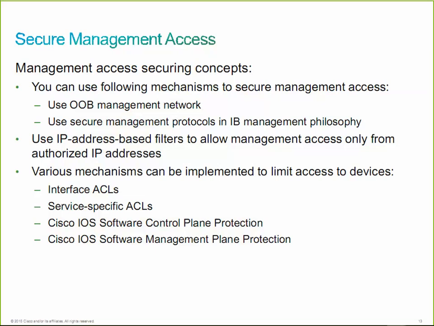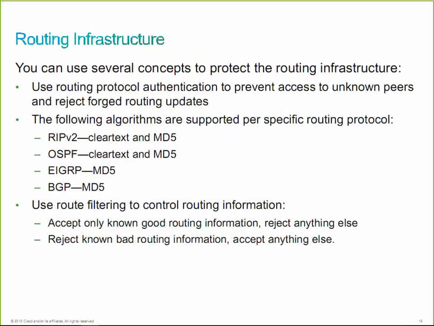When it comes to network communication, one of the biggest and most important pieces for a multi-layer and multi-domain network is routing. And if routing isn't working, the network isn't working. So protecting our routing protocols is really important as well.